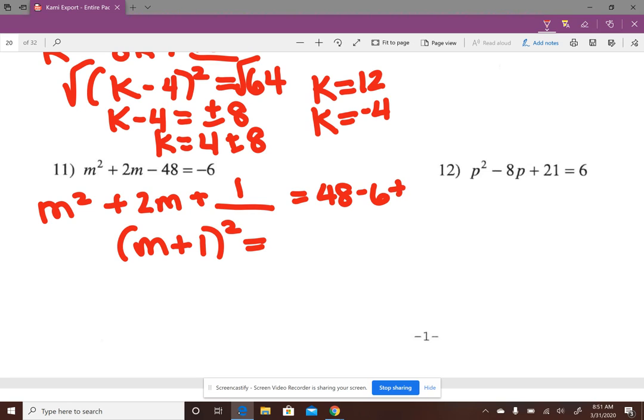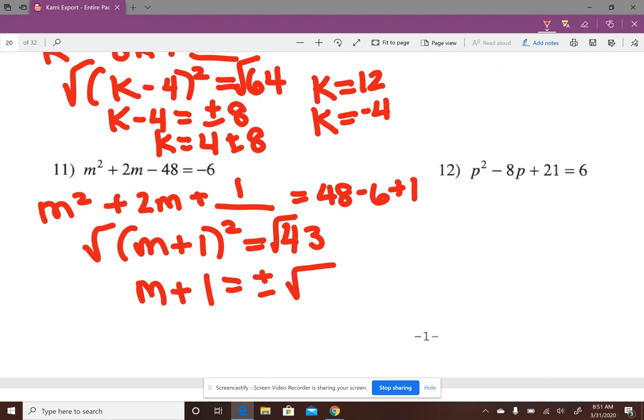And I have to also add 1 over here. So I've got 48 minus 6, which is 42, plus 1 is 43. Take the square root of both sides. I get m plus 1 is equal to plus or minus the square root of 43. So m is equal to negative 1 plus or minus the square root of 43.